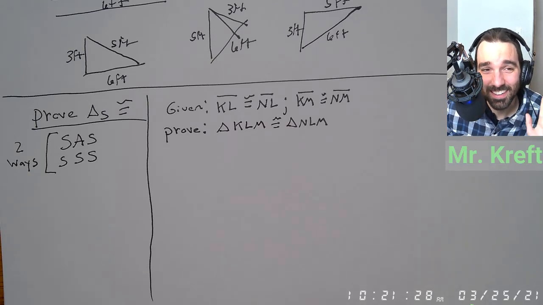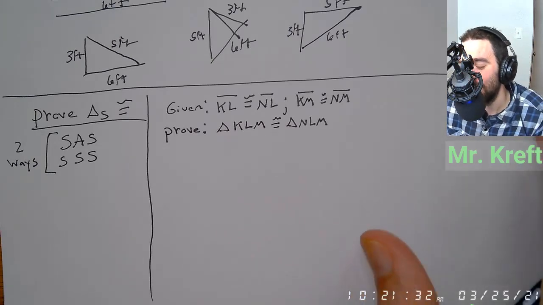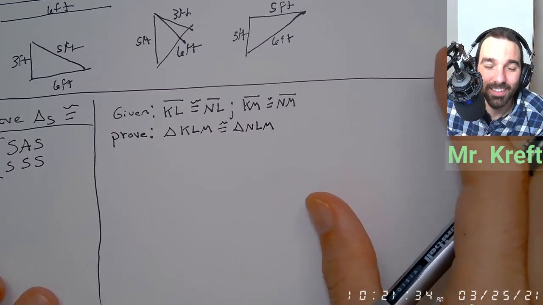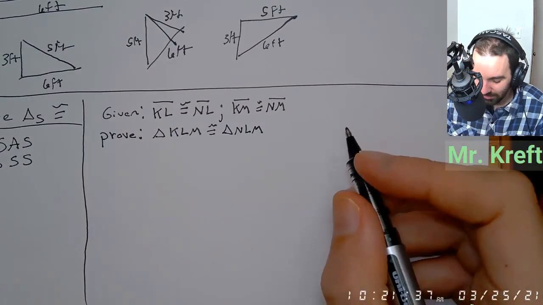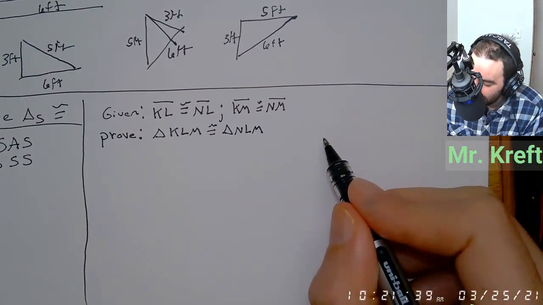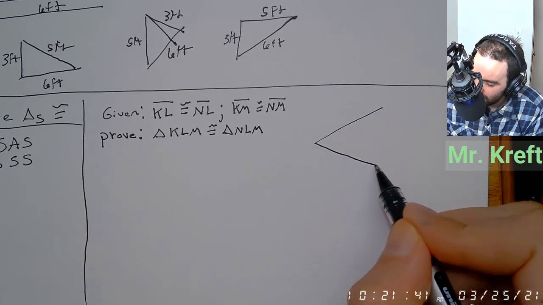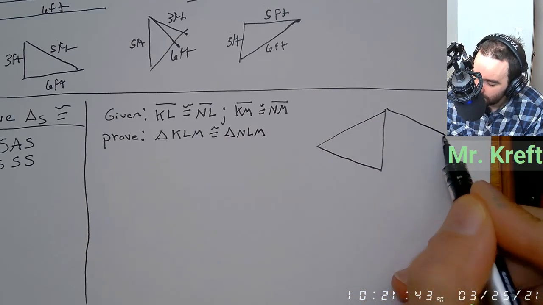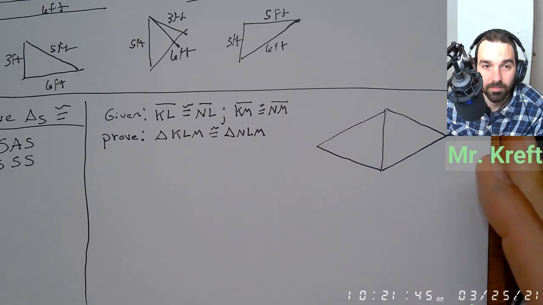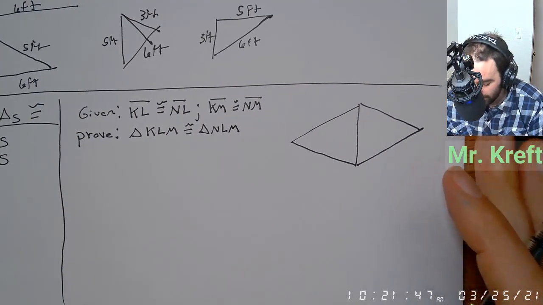You're going to really like SSS. I think SSS is the easiest of all of them, because proving sides congruent is easier than proving angles congruent. Let me draw a picture over here. You guys see that?